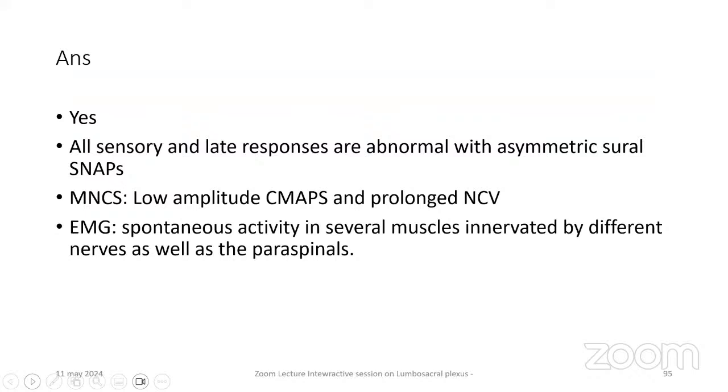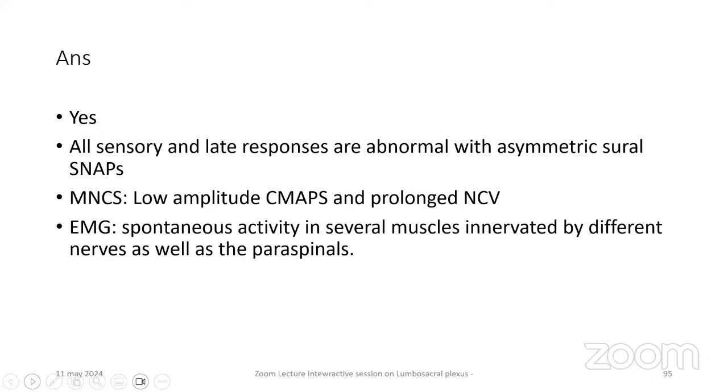Sir, one question in this. How do we decide which muscles to sample? So many muscles are there. See, what we usually do in the lower limb is we start with extensor digitorum brevis. I'll tell you why we do this. Then we go to tibialis anterior, then medial gastrocnemius, and vastus lateralis. So we have to select one muscle supplied by different roots and the same nerve supplying different muscles.